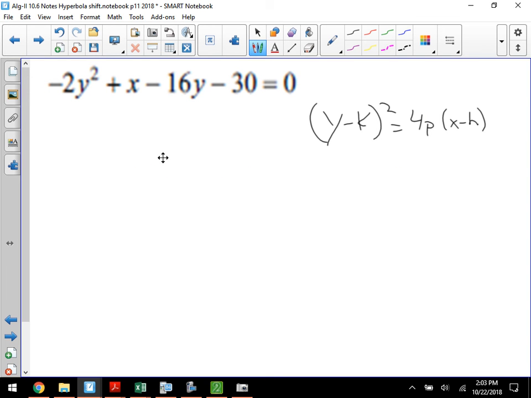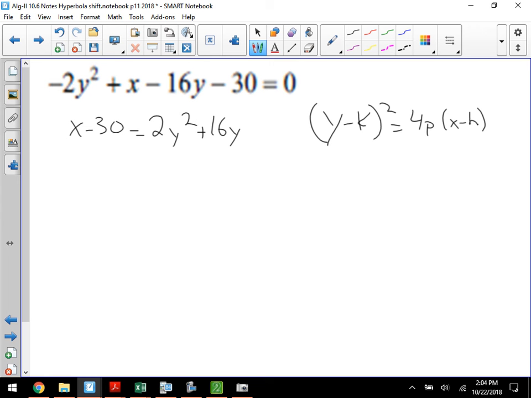Now here's an easy way to start this. Is it okay that I rewrite it as x minus 30 equals 2y squared plus 16y? Is that okay? What did I do? Yeah, I just added the 2y squared and the 16y to the other side.